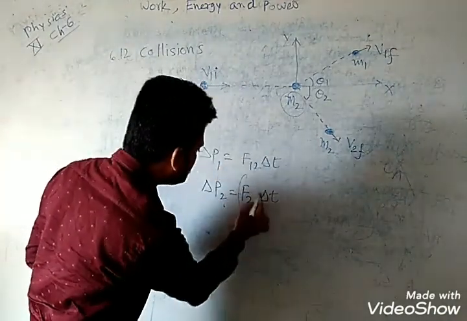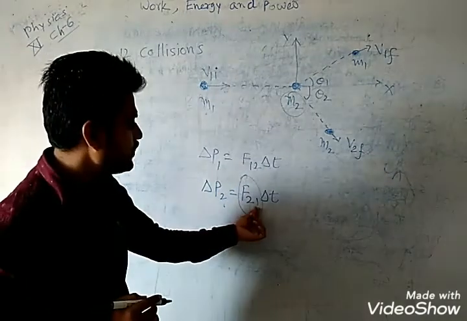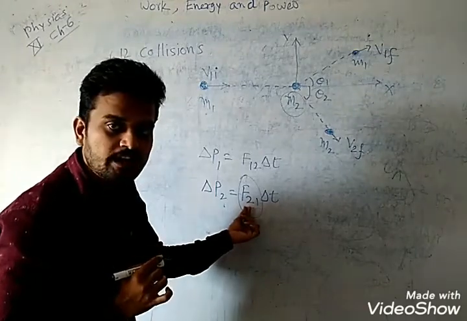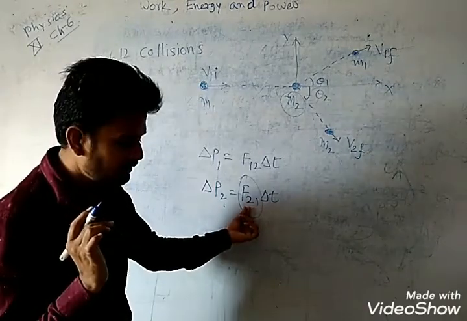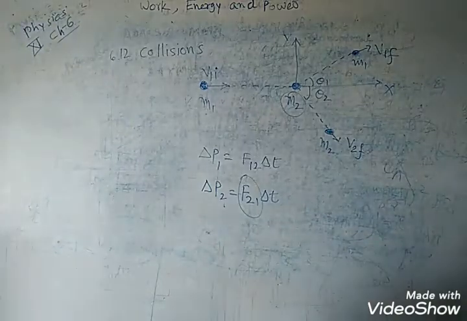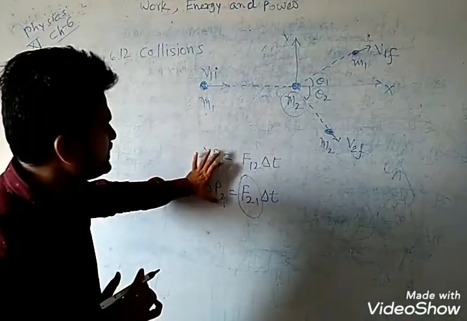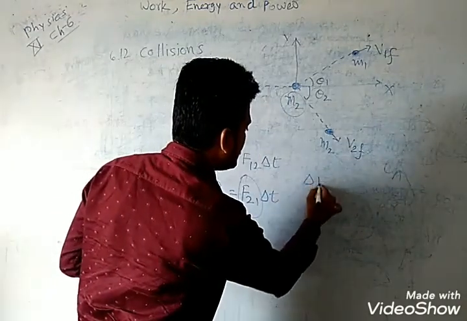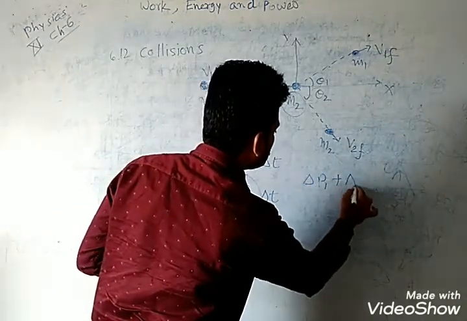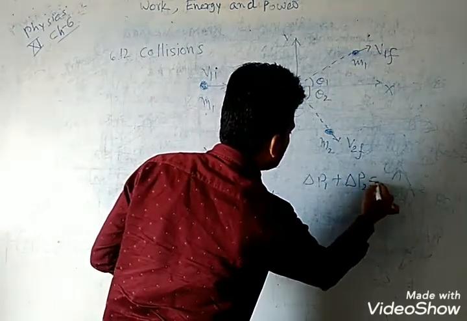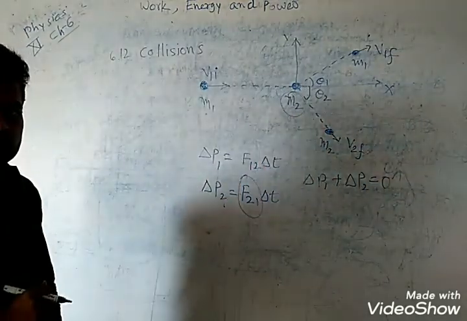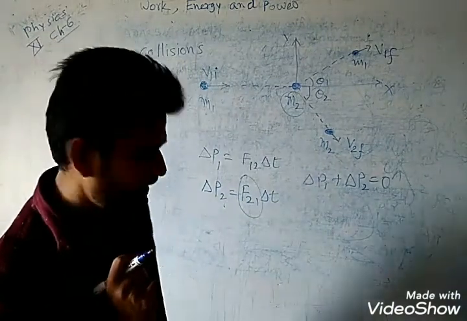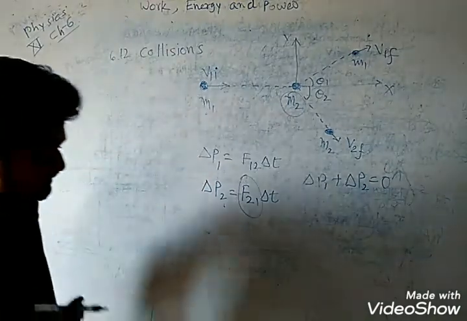Same for F21, meaning the mass m1 exerts force on m2. The total linear momentum is always conserved, meaning del p1 plus del p2 is equal to 0, in all collision cases.